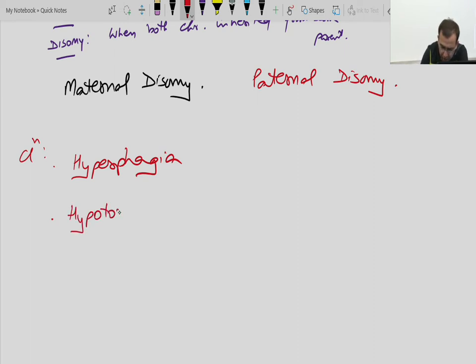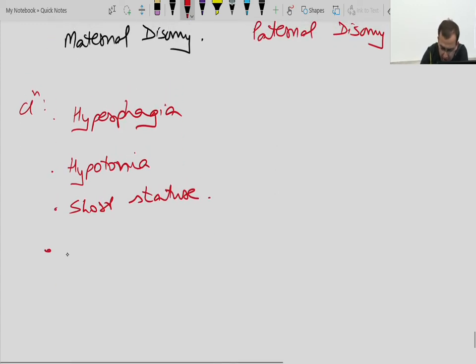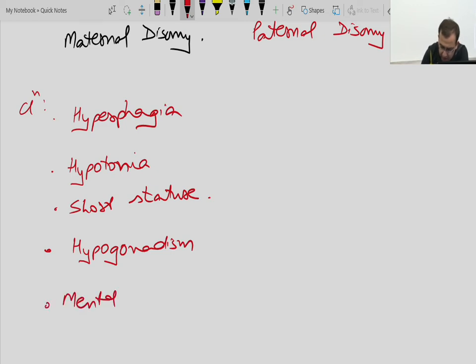Hypotonia. Short stature. Hyperphagia, hypotonia, short stature, hypogonadism and mental retardation. This is Prader-Willi.